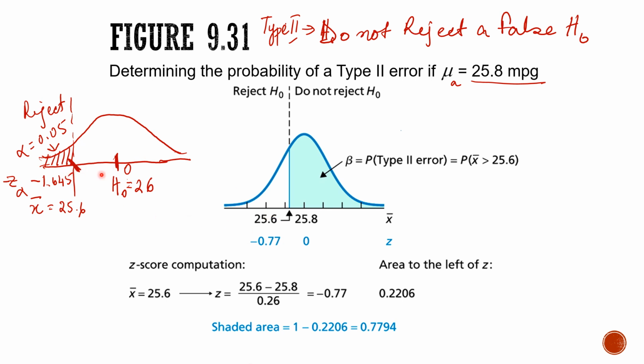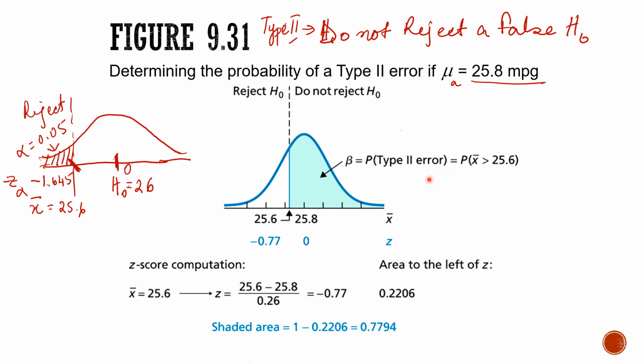However, you see the reject region has expanded. The reject region is still to the left, but it's a much broader reject region. So the graph has been rescaled based on the new mean given to us, 25.8. So 25.8 is here, and 25.6 is now much closer to the center than it was previously.